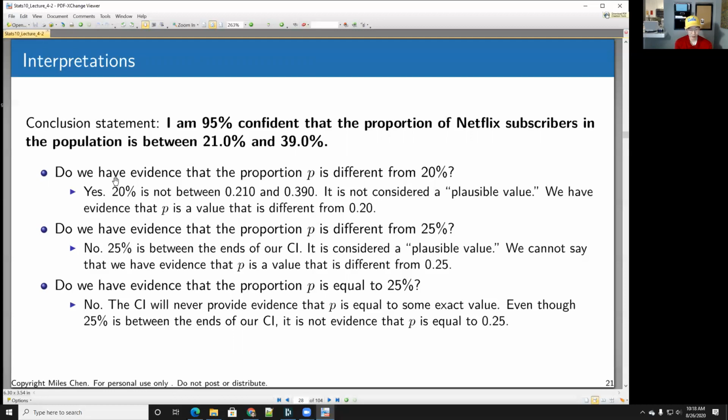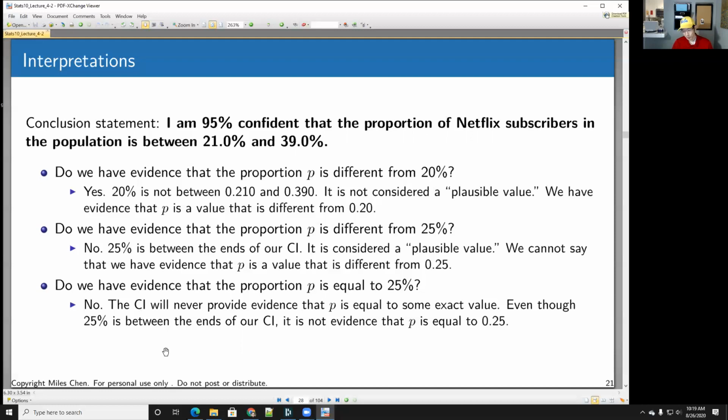So if somebody asks, do we have evidence that it's different from 25%? We have to say, we don't have evidence that it's not 25%, but at the same time, we're not allowed to say that we have evidence that it is 25%. We're not saying that it's not 25%, but we can't say that it is 25% either.